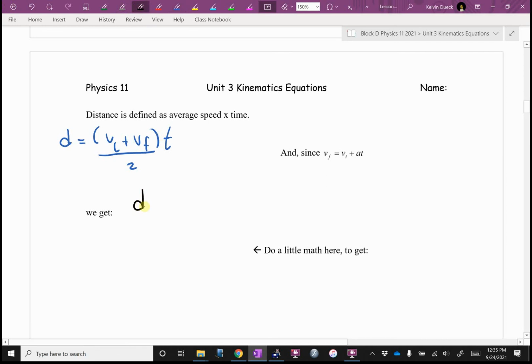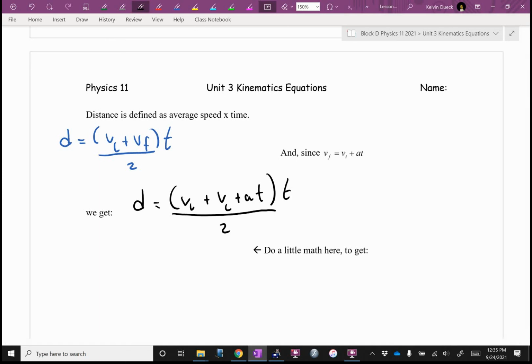It's going to look like this. The first VI drops down, but the second VF becomes, yes, Nick, you're correct, a VI plus AT all over 2 times T. This next part I will not ask you to recreate on a test. This is me showing you where the equations come from.